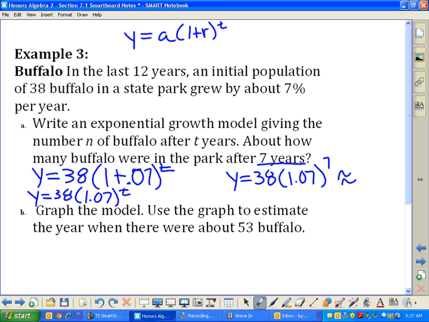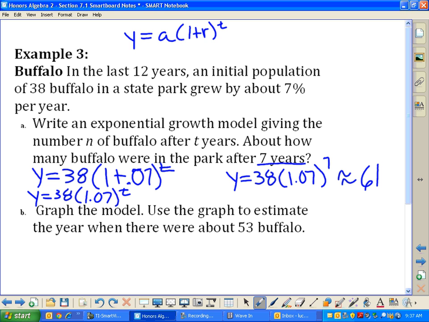So after 7 years go by, how many buffalo are in this park? Yeah, good, Joshua. 61 buffalo, about. Everybody was able to produce that in their calculator?